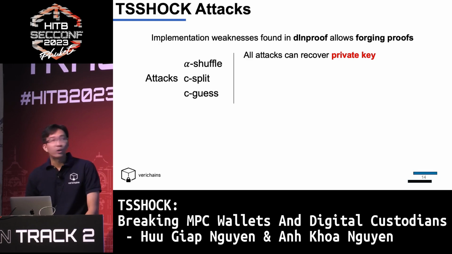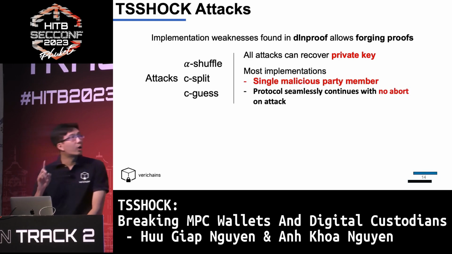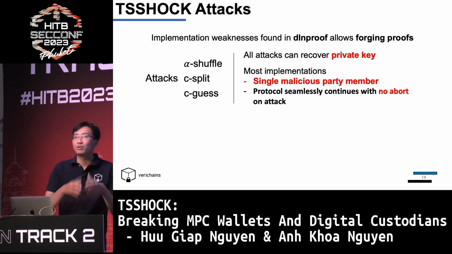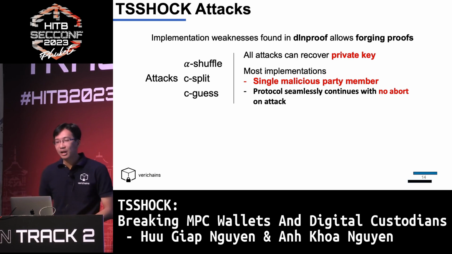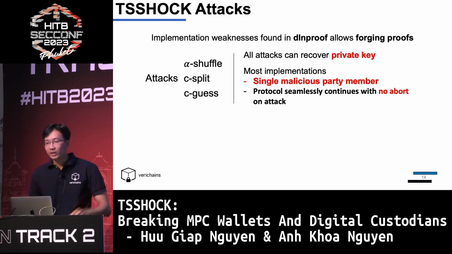What's more shocking is that you only need one malicious party. As I said before, it's a threshold ECDSA, so you need t out of n parties. But now you only need one party, and you can collect the private key. And the protocol will not abort when you attack.